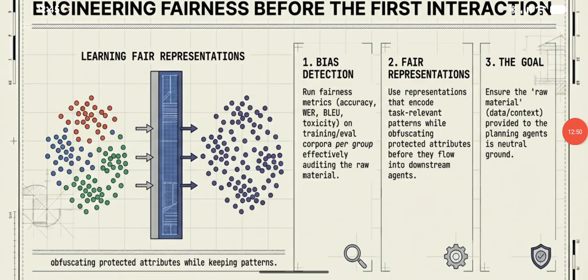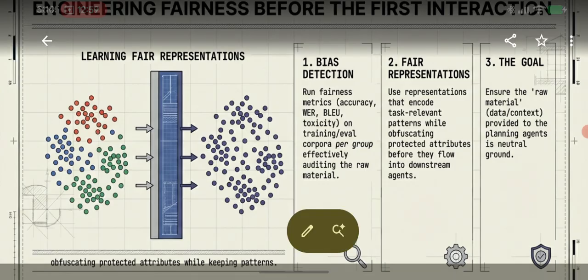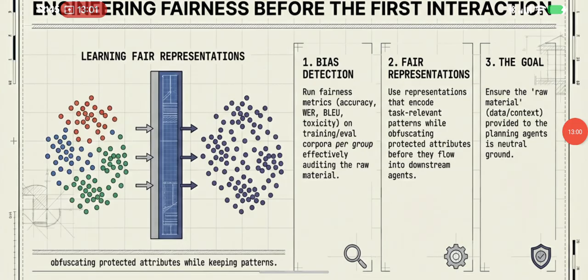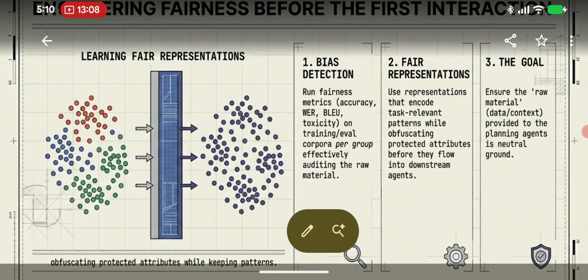So you have some data which has certain patterns based on gender, history, demography, and so on. So the data needs to be made neutral. We can do it with the help of AI tools or by writing agents to remove the bias from the data.